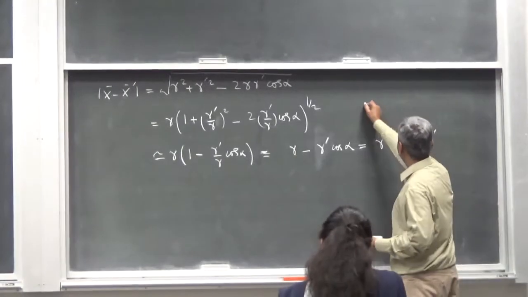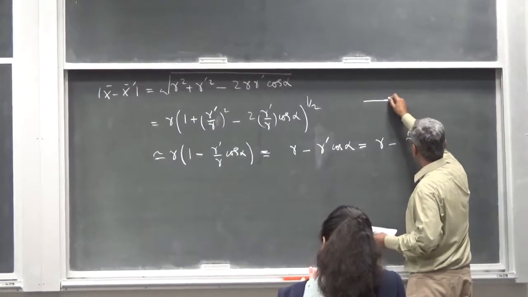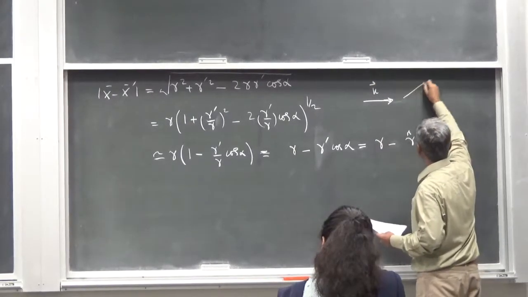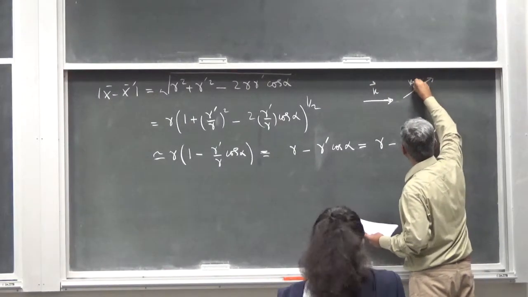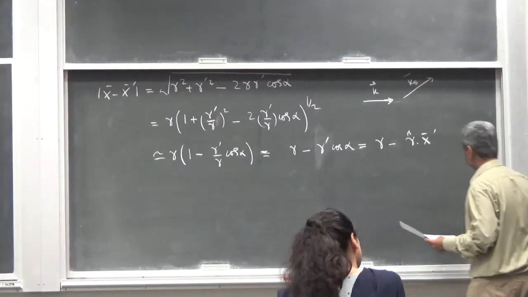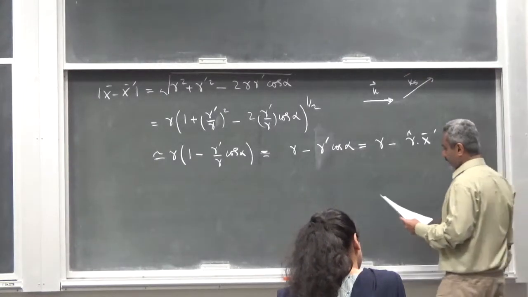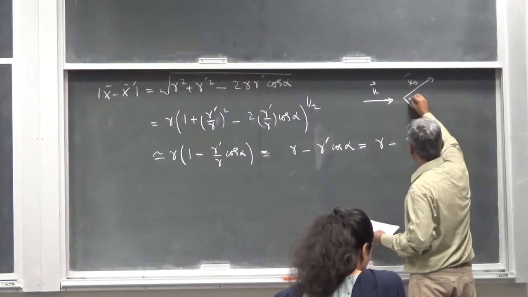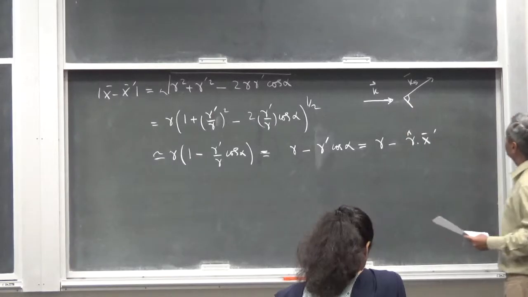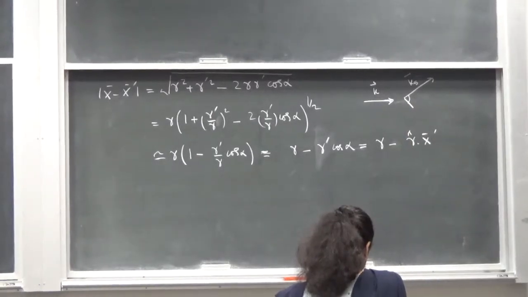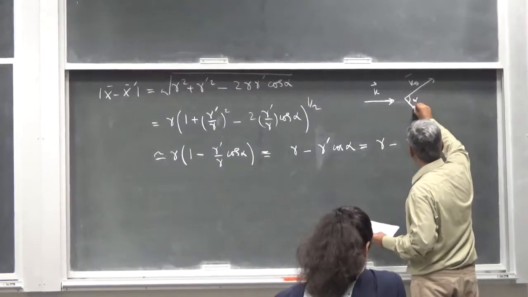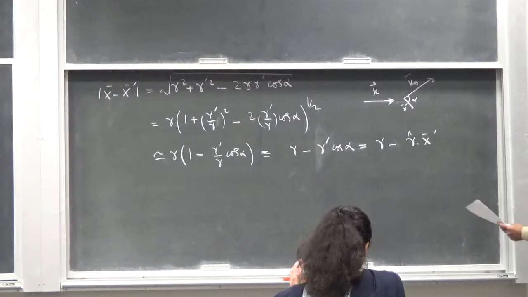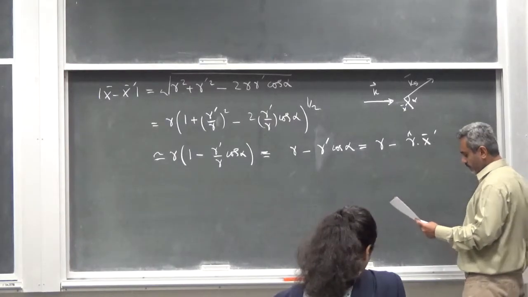So basically you have k, this is the direction k, and let's call the scatter direction ks. And this angle is alpha, and this is x prime.